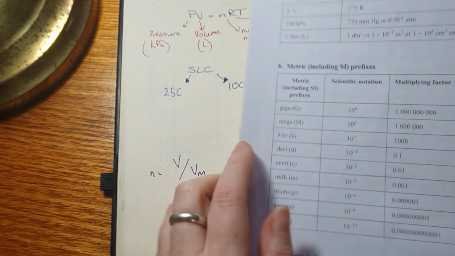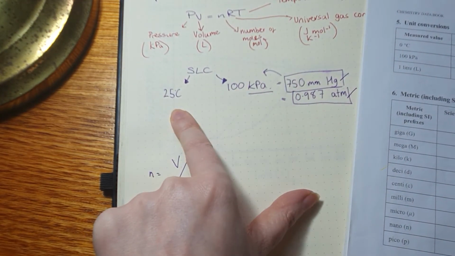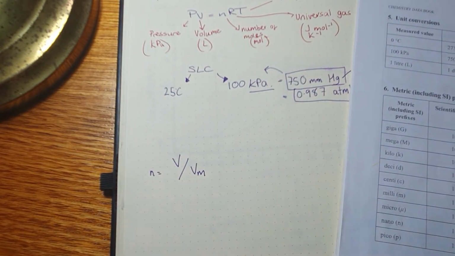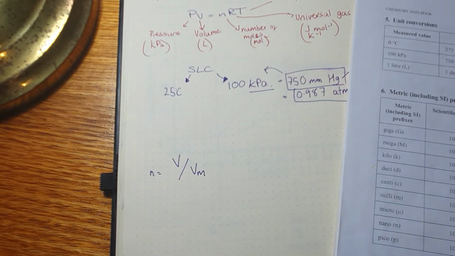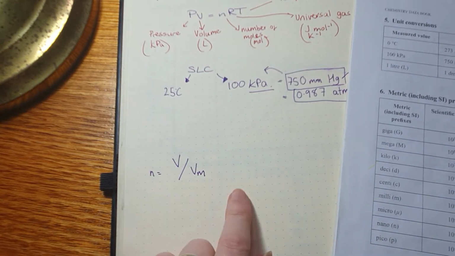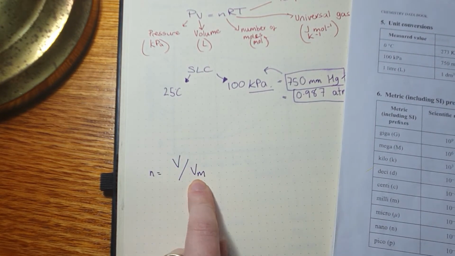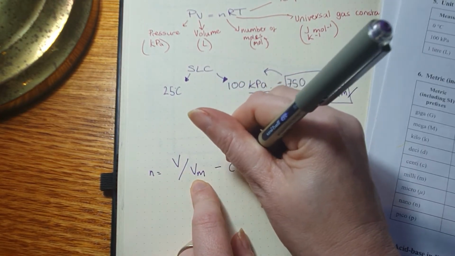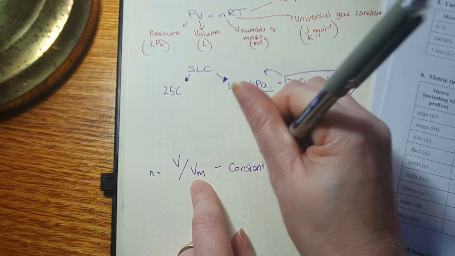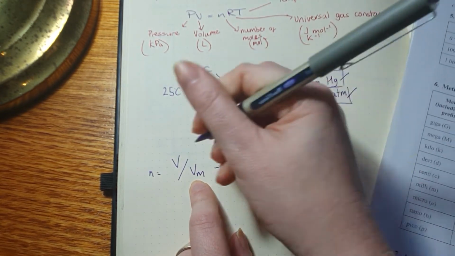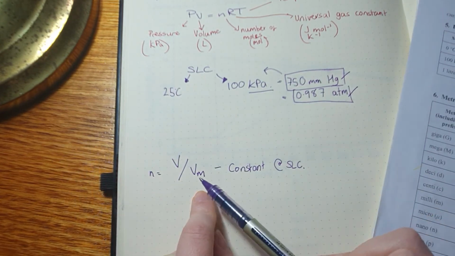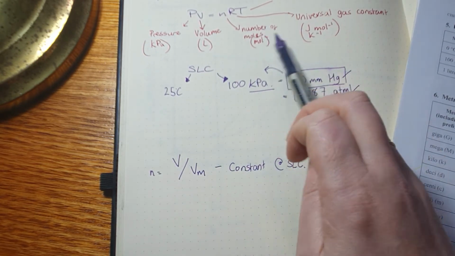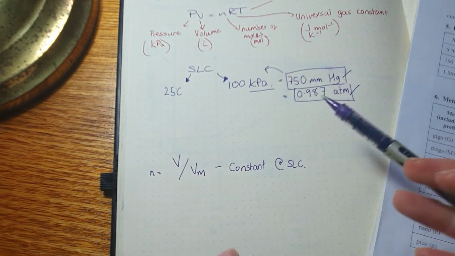For anything not fitting our standard lab conditions, we're going to use this, but experiments can be done under standard lab conditions, and we get this equation, which is that 1 mole of anything is going to give us this volume, which is our kind of constant at SLC. So if I know I've got 10 litres, I can divide it by this and it gives me the number of moles. So I can rearrange that equation to give that. And that's much easier than using all this and having to slot all those numbers in.